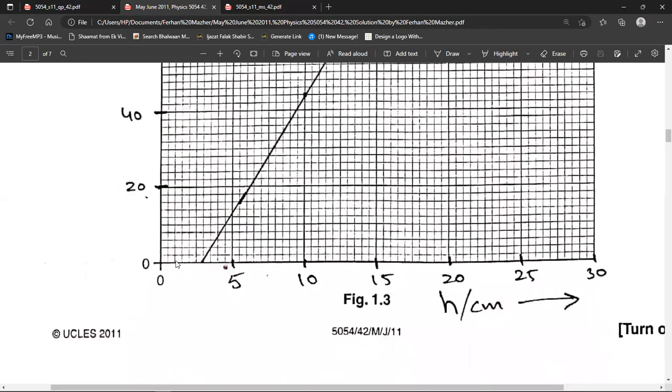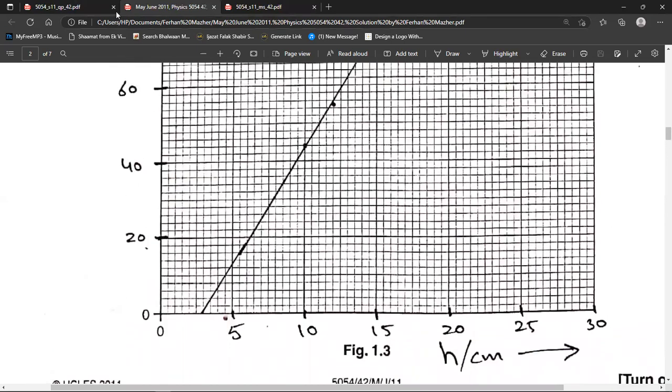So if I release the car from 2 centimeters, this is the 2 centimeter, the D average is 0. Okay, the graph is not on 2 centimeters, but I can tell you that the D value will be negative or it is 0.